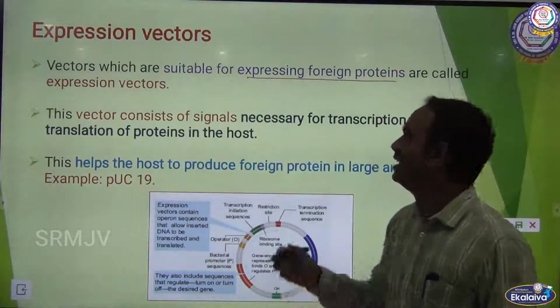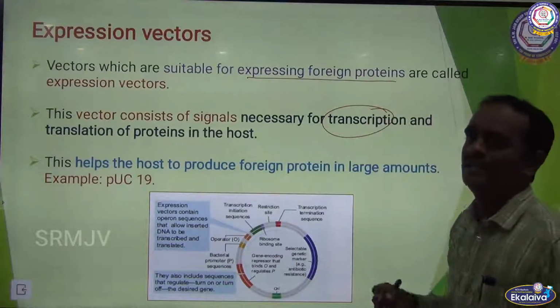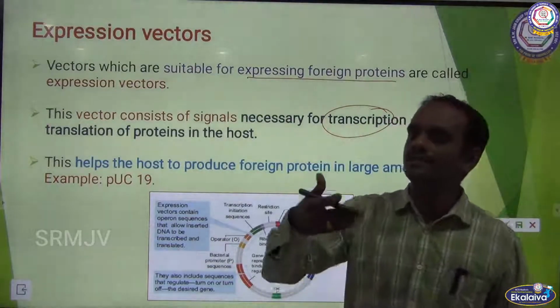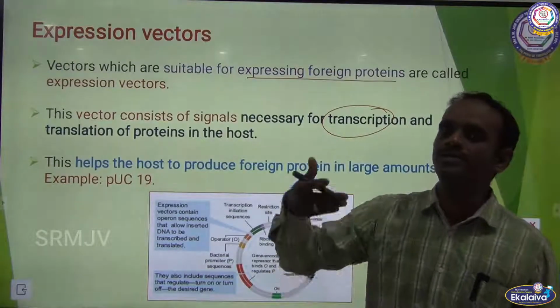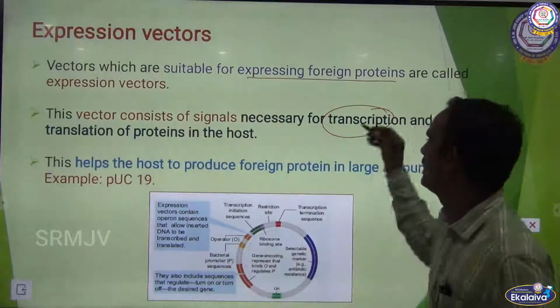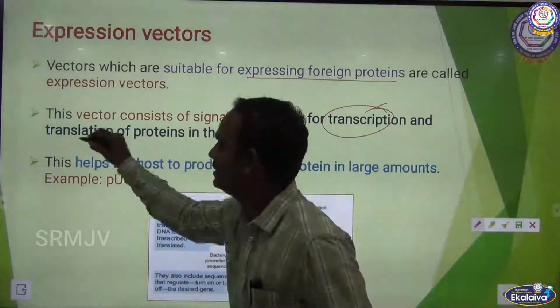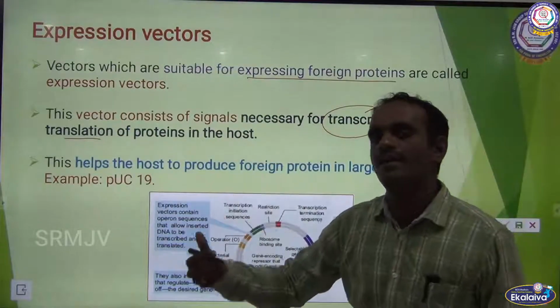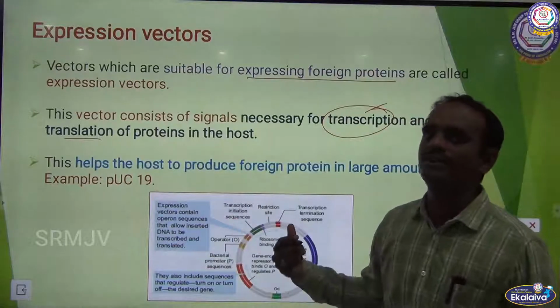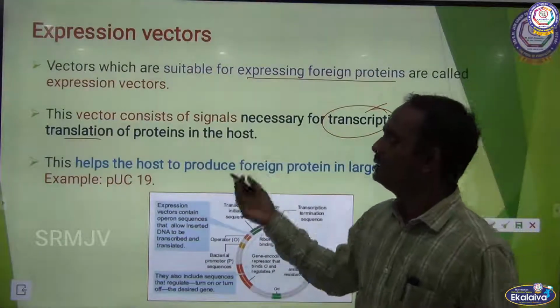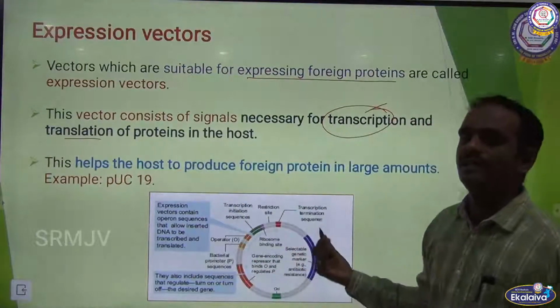I already said what transcription is. Transcription is the conversion of double stranded DNA into single stranded mRNA. Clear, children? And translation of protein is the conversion of mRNA to protein.